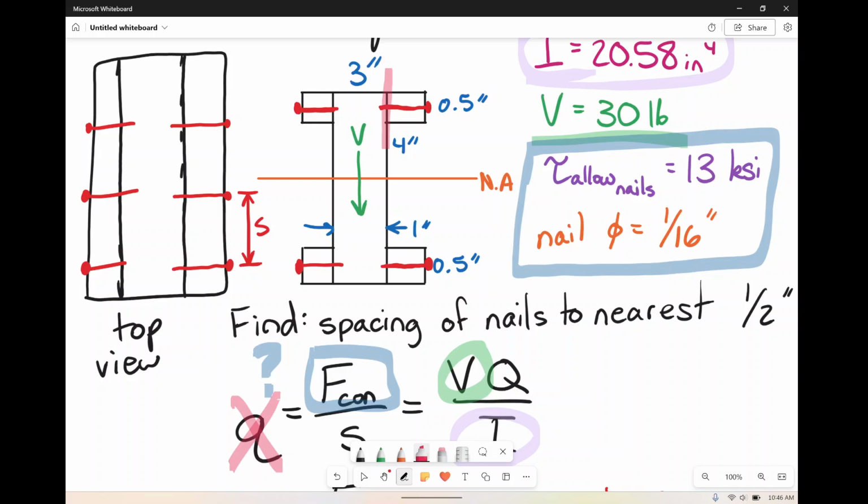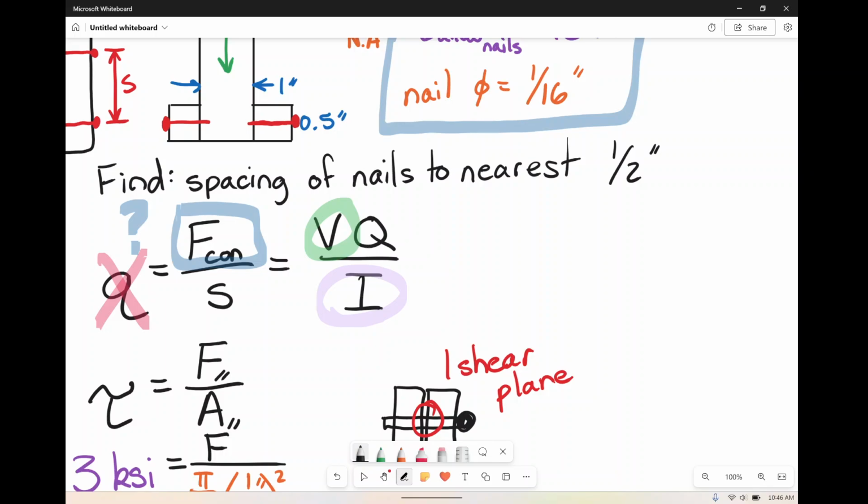Now that's not a horizontal point, so you might be thinking we have to completely change our mindset, and technically we don't, because in this regard, Q changes. I did tell you at the beginning that Q is going to change. So what Q is going to be is the area of the connected piece. Q is going to be the connected area.